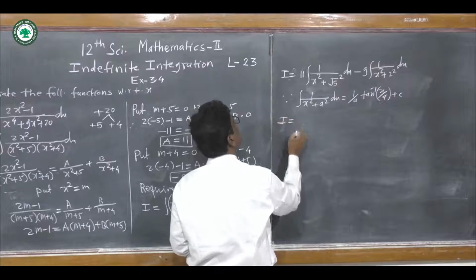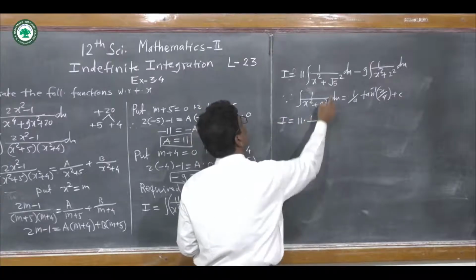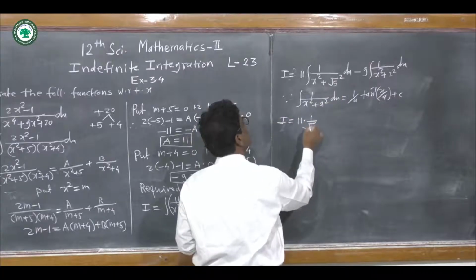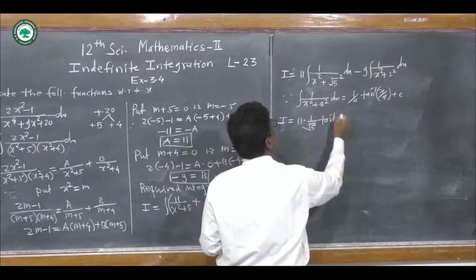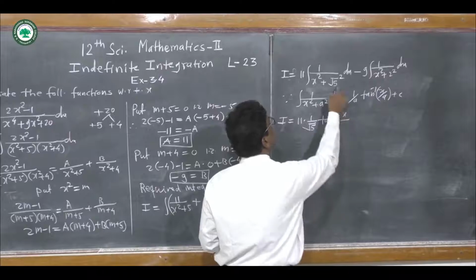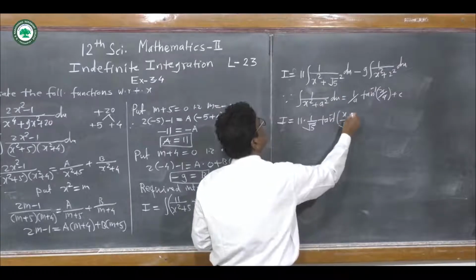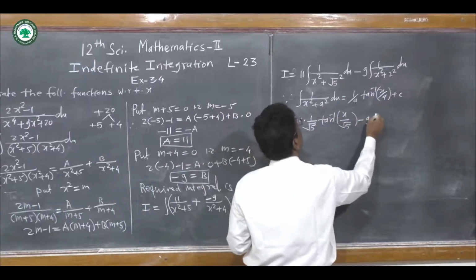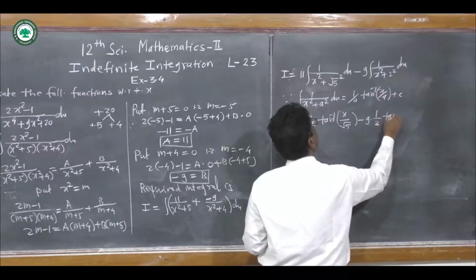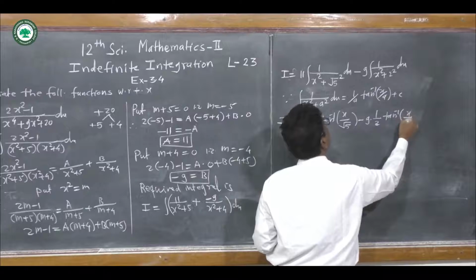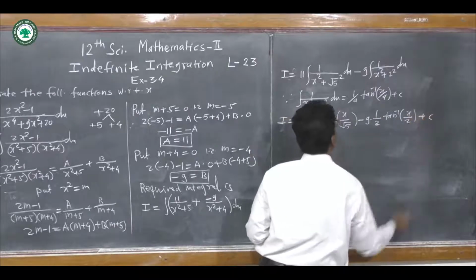And therefore I is equal to 11 into 1 upon a, here a is root 5, so 1 upon root 5 into tan inverse of x upon root 5, minus 9 into 1 upon a, here 2, tan inverse of x upon 2, plus constant of integration.